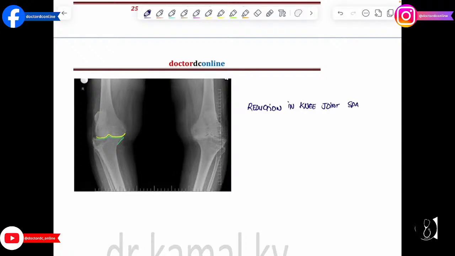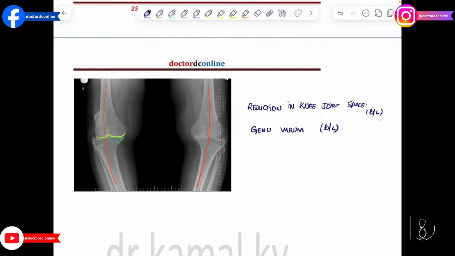That is one point here. Then secondly, if you just try to look at the position of the lower limb, it looks like there is genu varum. Of course, both the findings bilaterally.